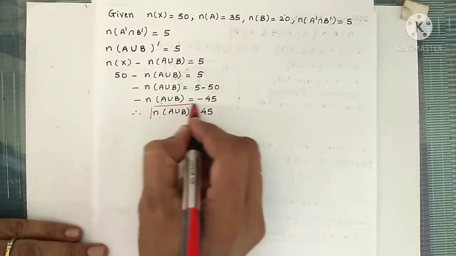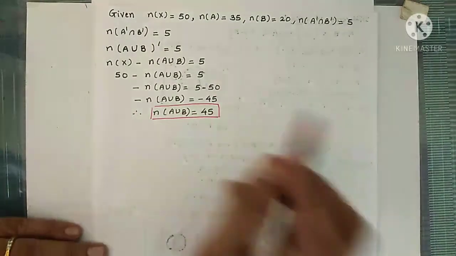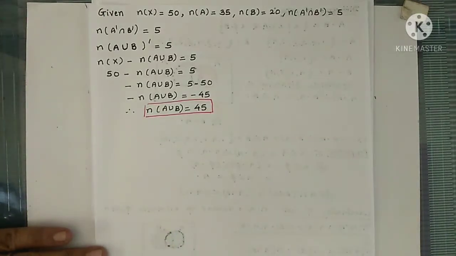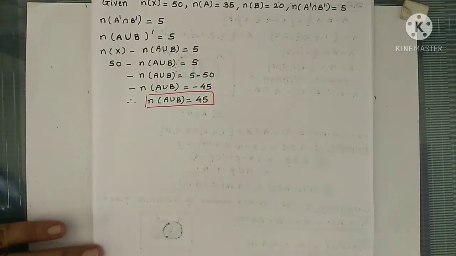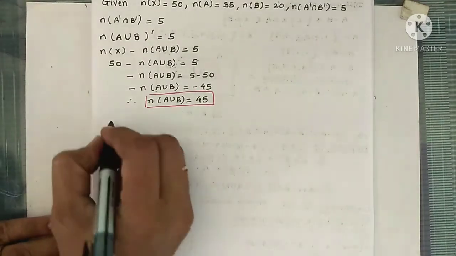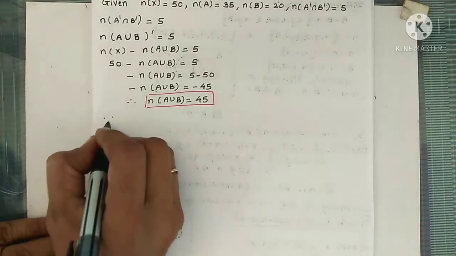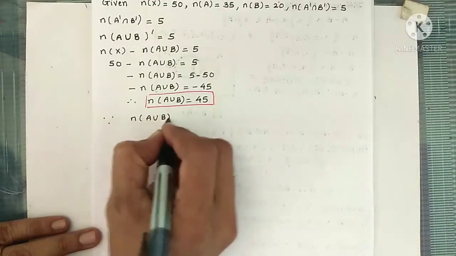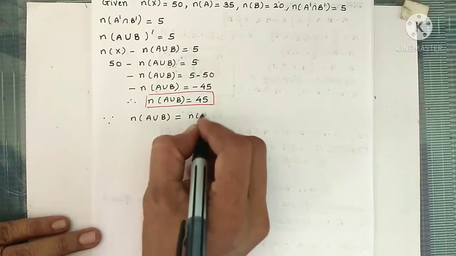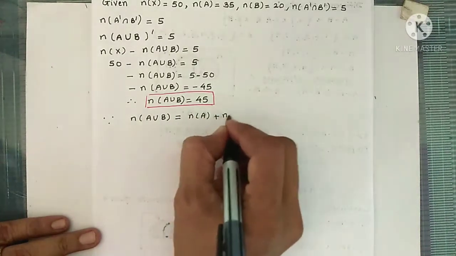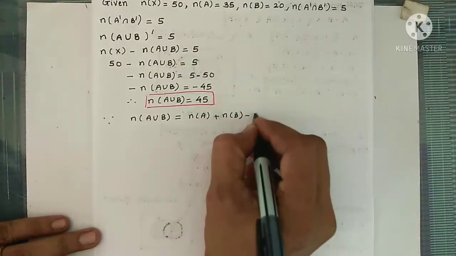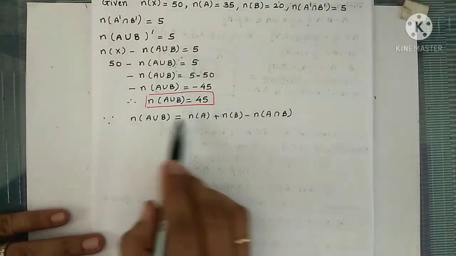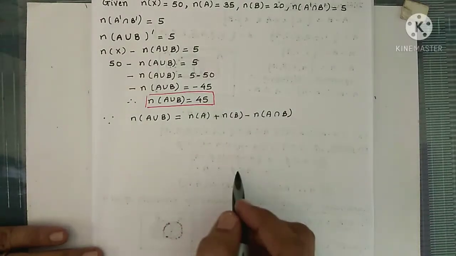Now we have the value of n(A union B), and n(A) and n(B) are given. So using the formula for A union B, we can find n(A intersection B). Since n(A union B) equals n(A) plus n(B) minus n(A intersection B), and three values are known, we can find the remaining one.